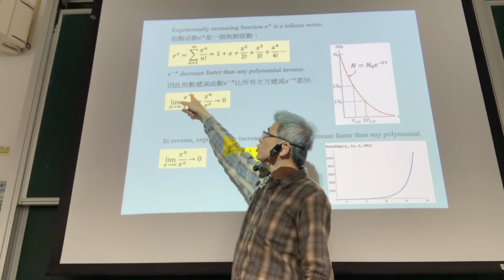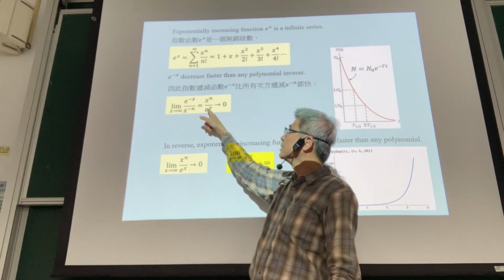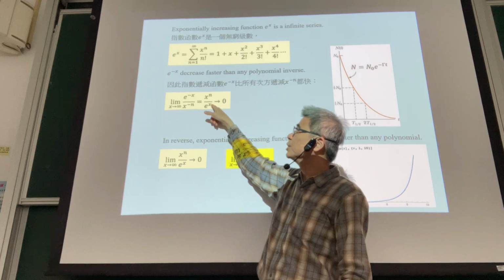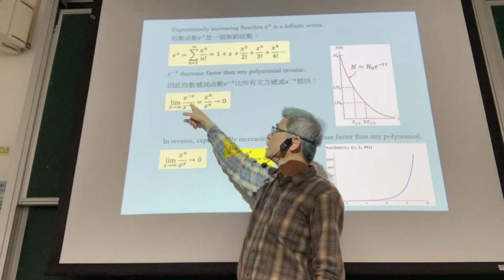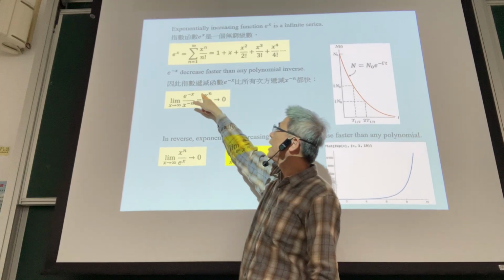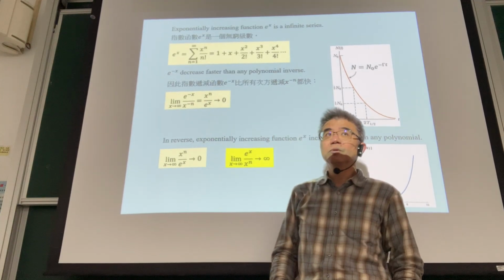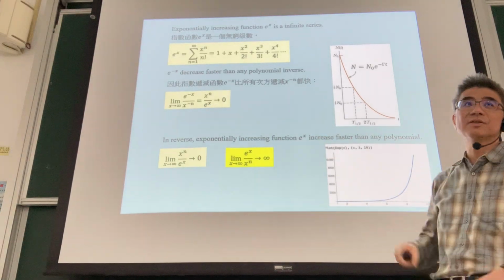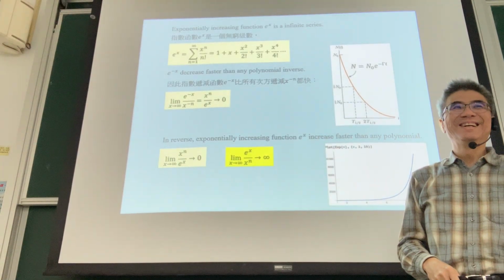Exponential minus x is equal to the inverse of exponential x. X to the minus n power is equal to the inverse of x to the n. But remember, exponential x consists of an infinite series of polynomial terms.